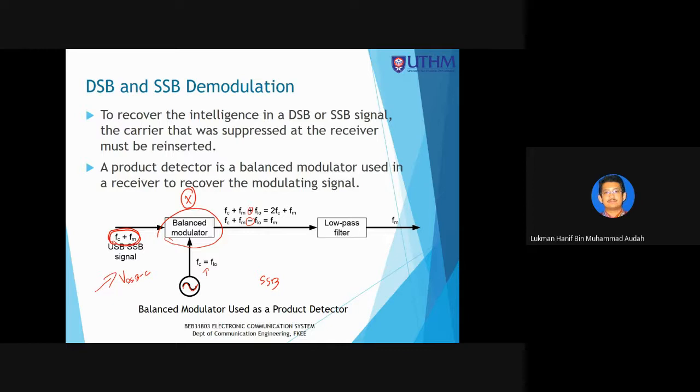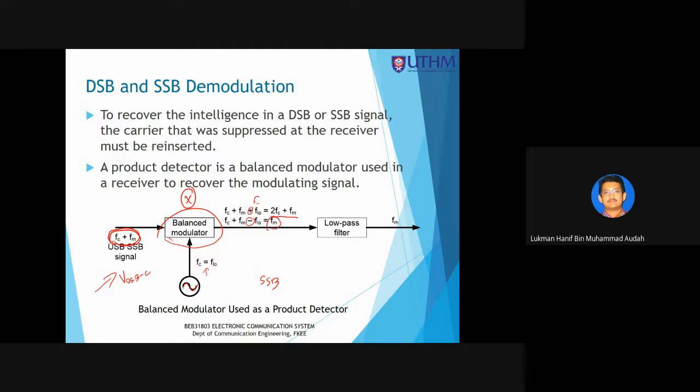Okay. So what is the FLO? FLO is Fc. Okay, so maknanya Fc plus Fm plus Fc, so 2Fc plus Fm. And then here is Fc plus Fm minus Fc, so it will produce Fm. Nampak eh?